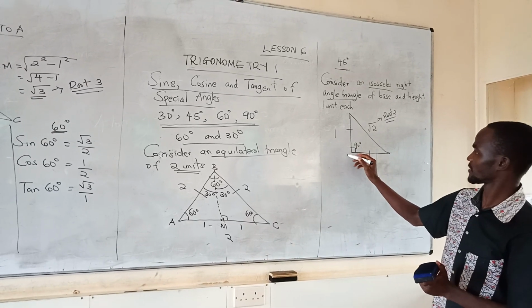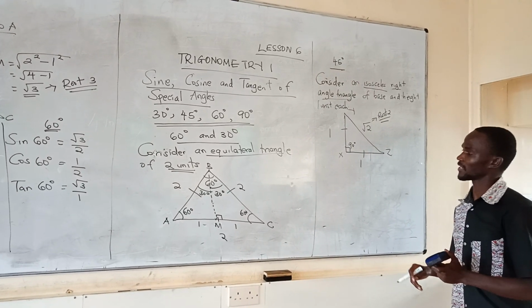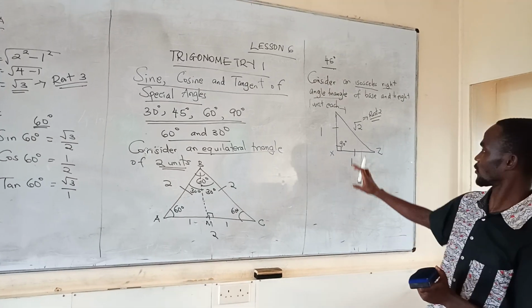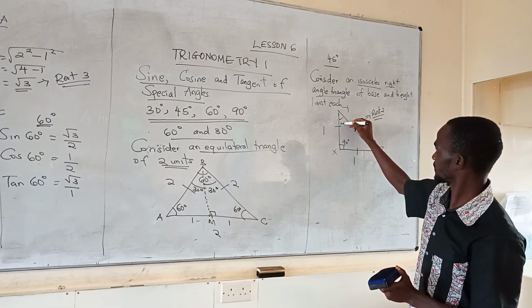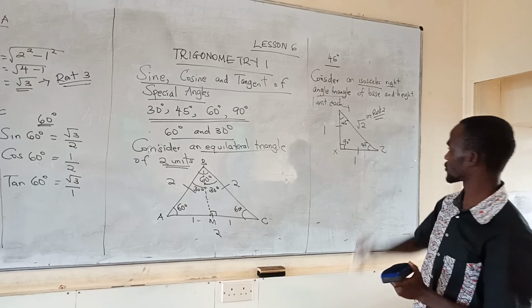So we call this triangle XYZ. We have 45 degrees as the base angles, 45 degrees each.